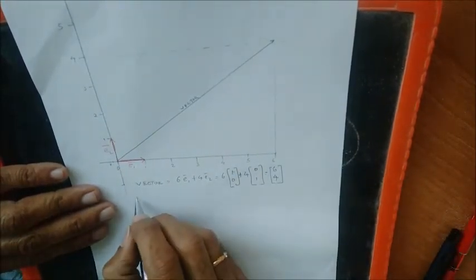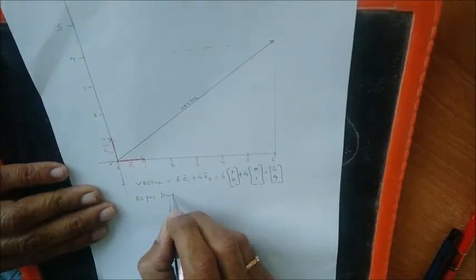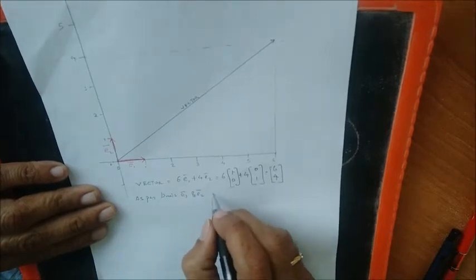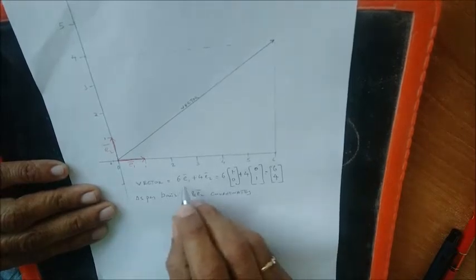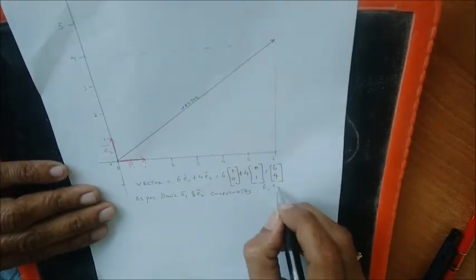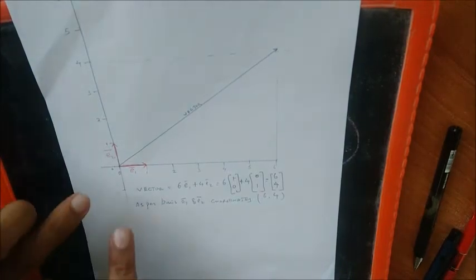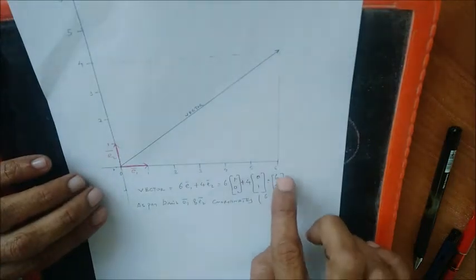So as per basis E1 and E2, the coordinates of our vector are 6, 4. This is the coordinate of the vector, and as per this basis E1, E2, this vector is expressed as 6, 4.